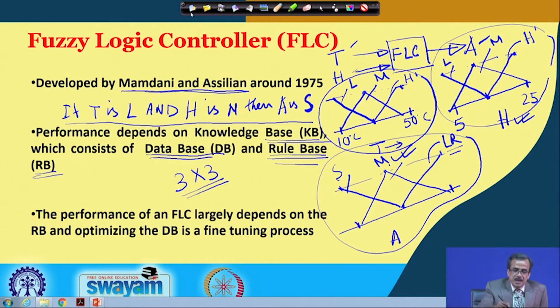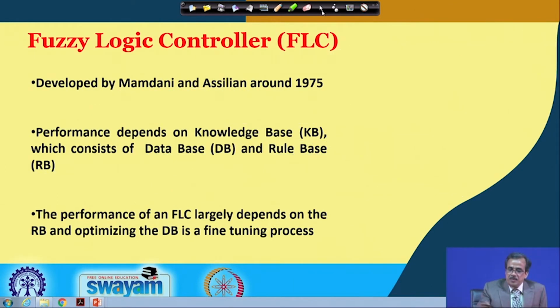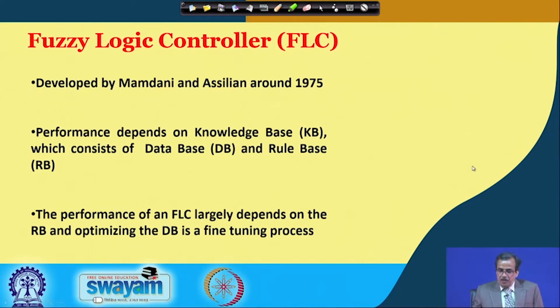Now, here I am just going to make one comment that the performance of an FLC largely depends on the rule base, and optimizing the database is a fine tuning process. Here the presence or absence of a rule is going to dictate the output of that particular fuzzy reasoning tool in a very large way.